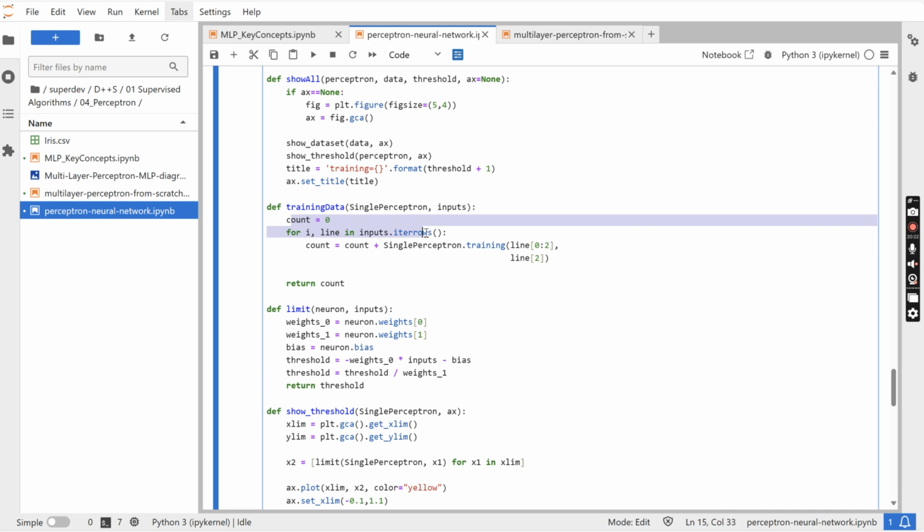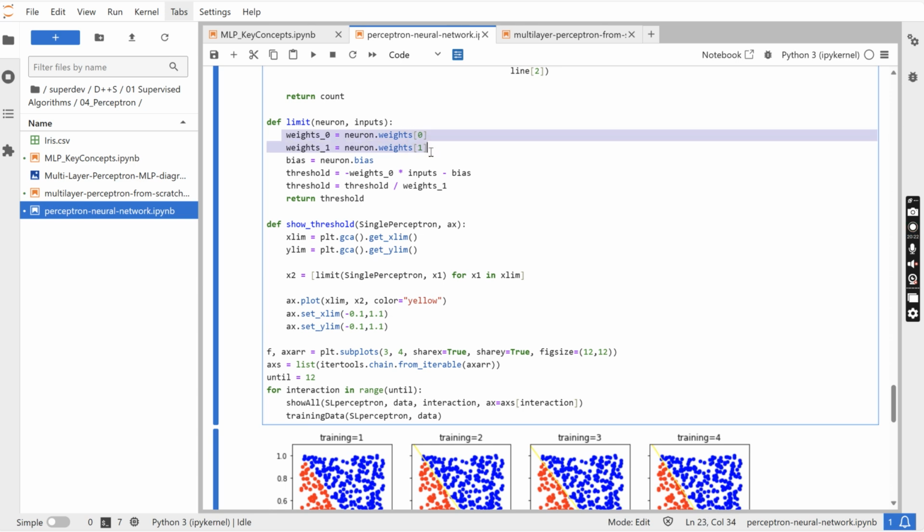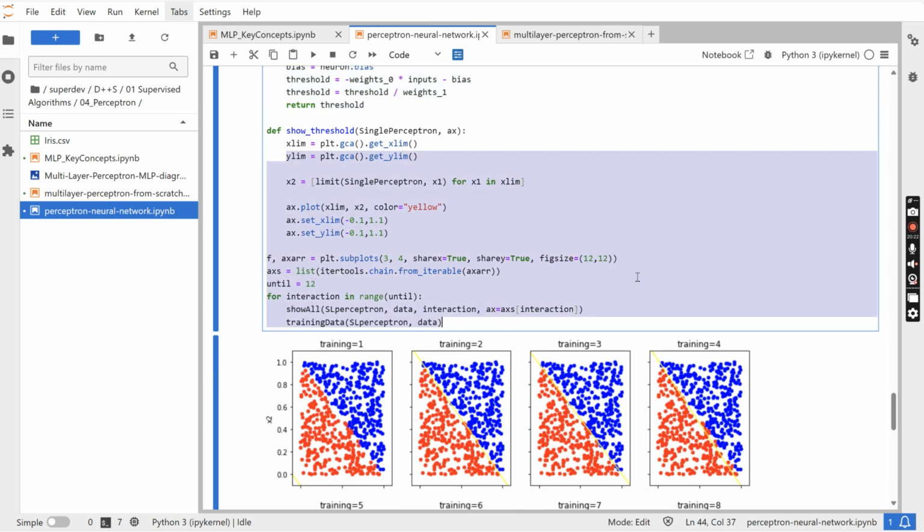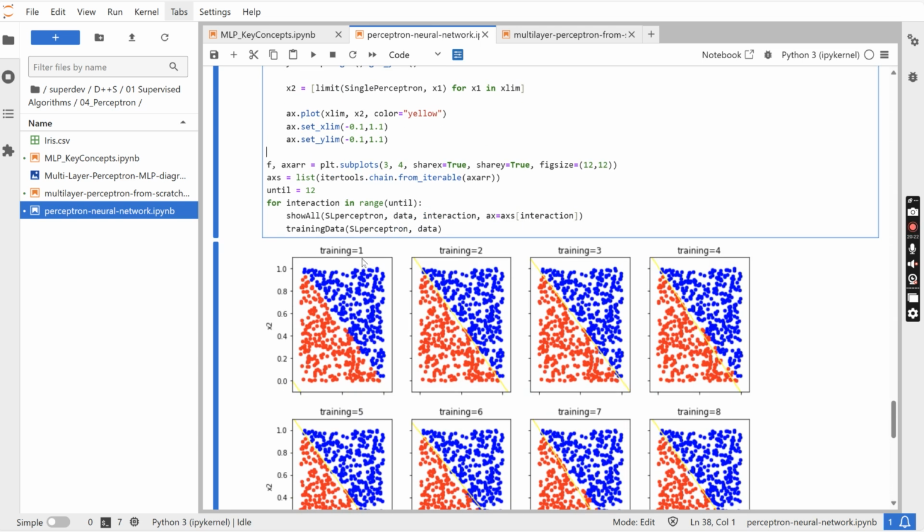Now in the training part, we are asking it to do the training. The training function is called and the weights are calculated, and then we are just plotting it. In the first training, as you can see, I'm not sure if you can see the yellow line.